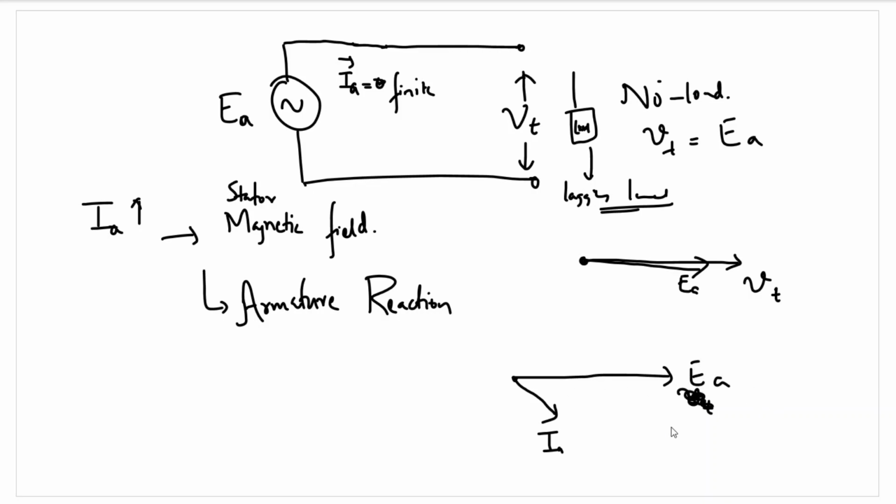Ea is the generated voltage. We have a lagging load here, so Ia will be lagging behind Ea.